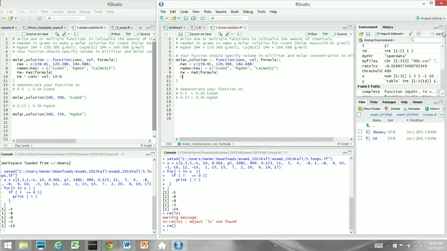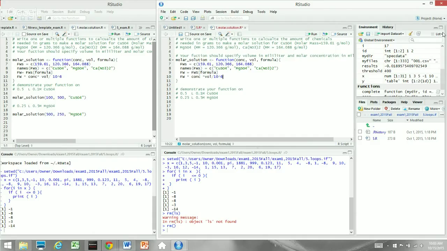In this case, it's the formula weight, the molar mass, times the given concentration of the chemical times the volume of that chemical, divided by 10 to the 6, because we want to make sure that all the units are in milliliter and millimolar as instructed.